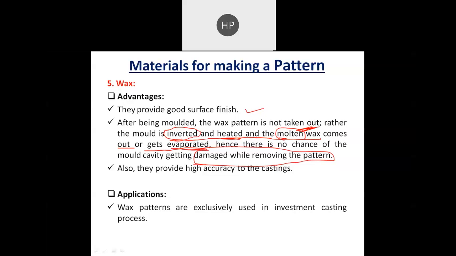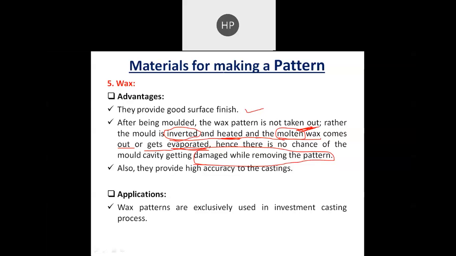Okay, so when we require a very accurate, very precise shape, in that case we can use a wax pattern. A simple example: if we want to make some gold jewelry, in that gold jewelry we require a very precise and very complicated shape, and that pattern can be produced by wax.